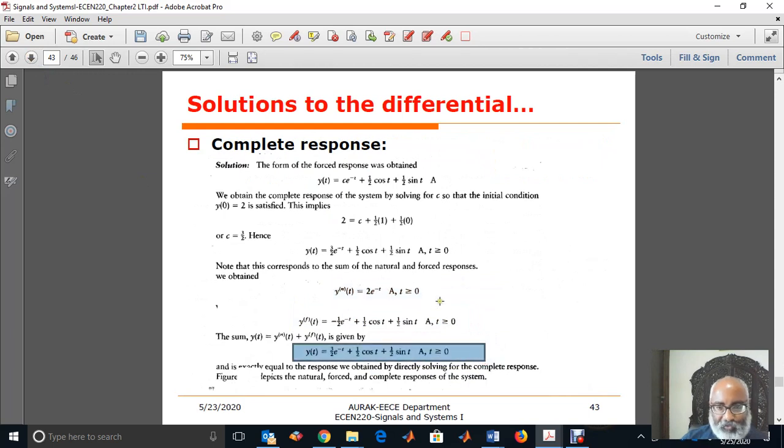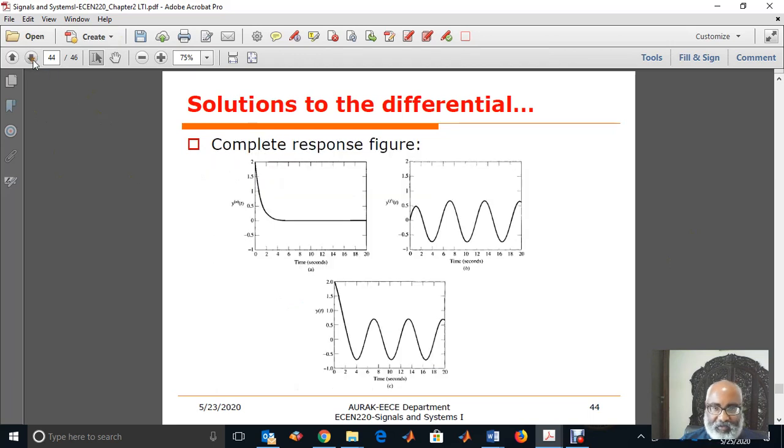So this is the second alternative to find the solution. To summarize, alternative 1 is to first get the homogeneous solution and then the particular solution, and solve the constants using the initial conditions. Alternative 2 is to find the natural response and the forced response, and the complete solution is equal to the natural response plus the forced response.